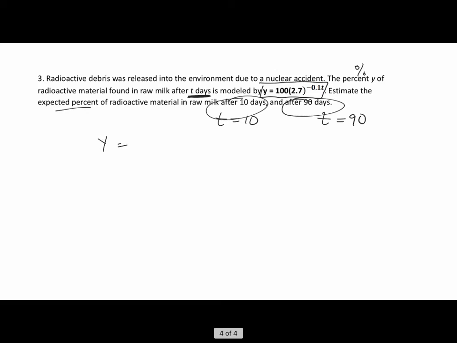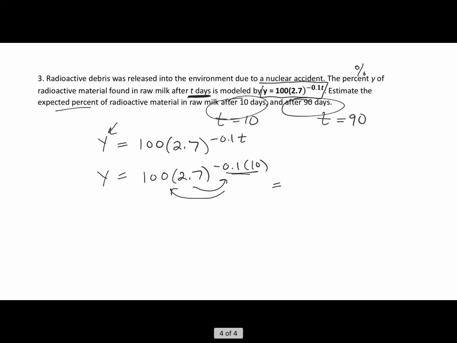So let's take the equation that we're given that models the percentage of radioactive material found in raw milk. And we'll evaluate this at 10 days to see how much is in the raw milk after 10 days from the exposure. So if you're doing this in a scientific calculator, you probably want to multiply these first and then raise this to that power and then multiply by the 100.